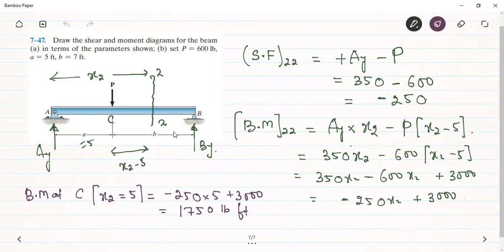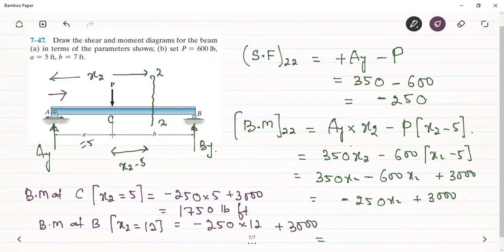Now we want to find the bending moment at B. If we have to find the bending moment at B, what do we have to put as the value of X2? X2 is measured from here. It will be how much? 12. So minus 250 into 12 plus 3000.